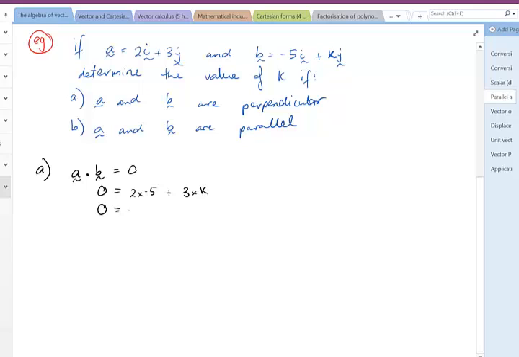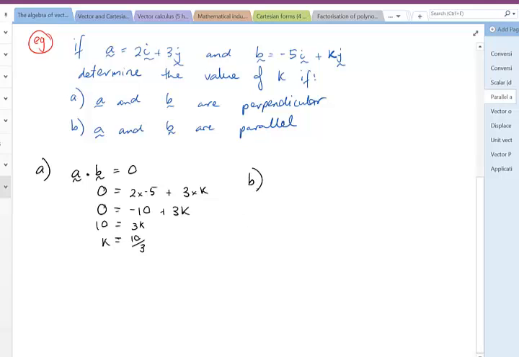So we get 0 is equal to negative 10 plus 3k. That's just a matter of isolating k. So 10 is equal to 3k, and therefore k is equal to 10 on 3. So when k is equal to 10 on 3, vectors A and B will be perpendicular.